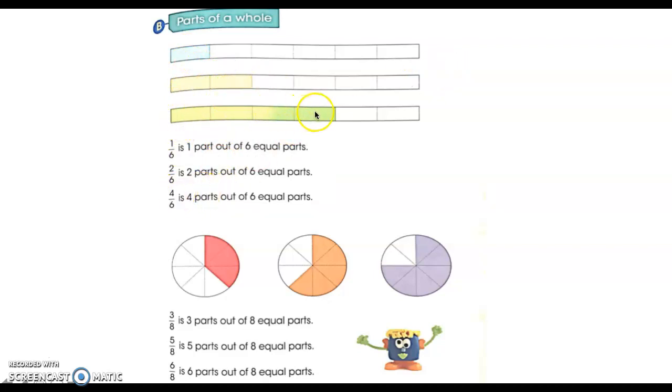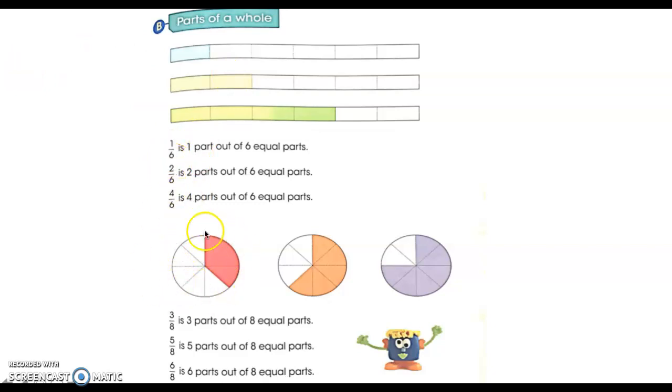Now 4. If I color 4 equal parts out of 6 equal parts, the 6 equal part is the whole stripe. So 4/6 means 4 parts out of 6 parts. 6 is the whole stripe. So 4 part out of the whole, 2 part out of the whole, 1 part out of the whole.